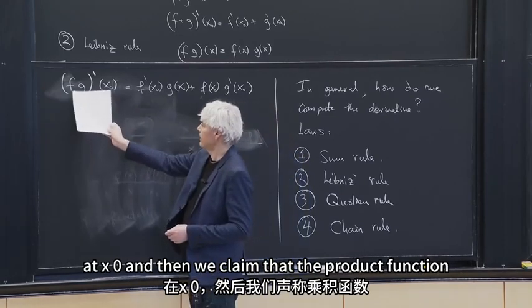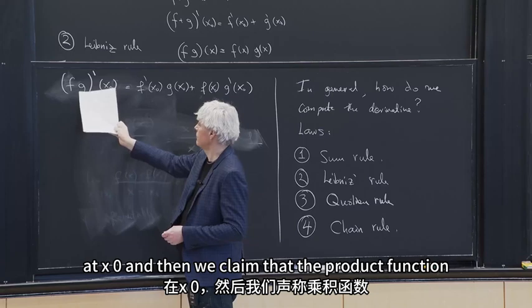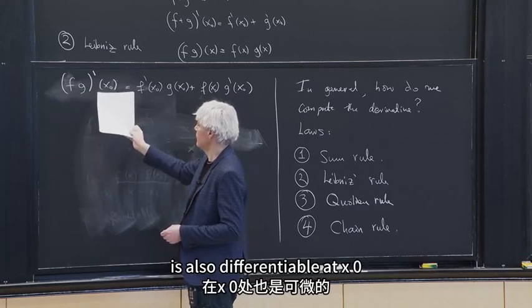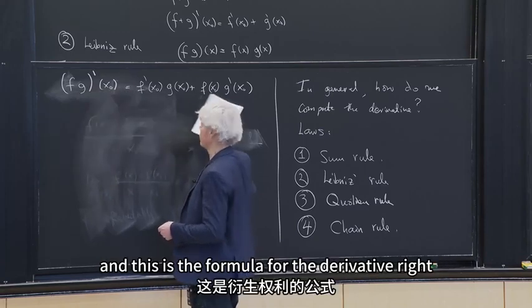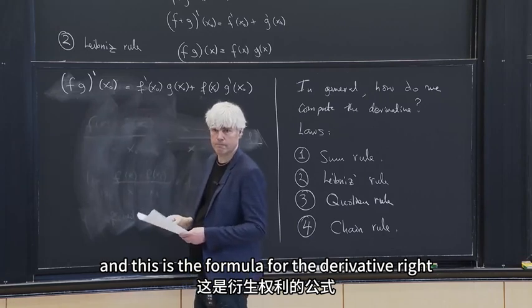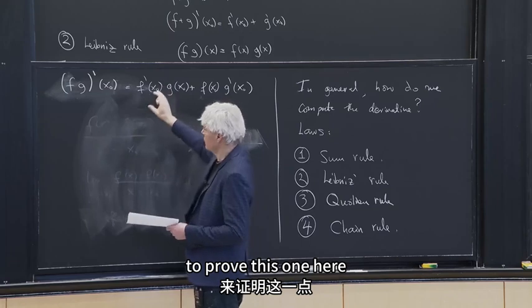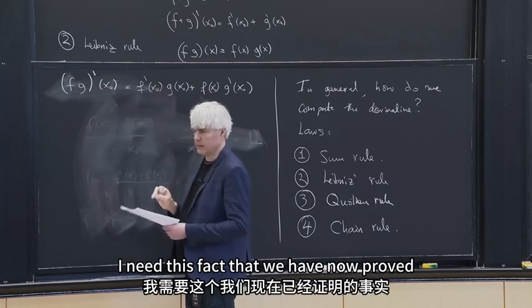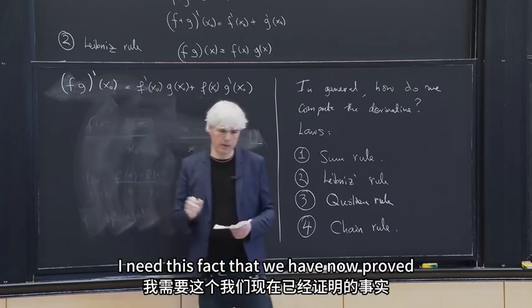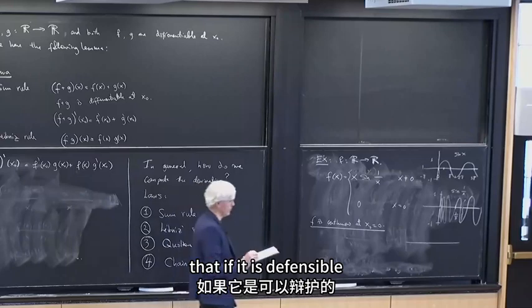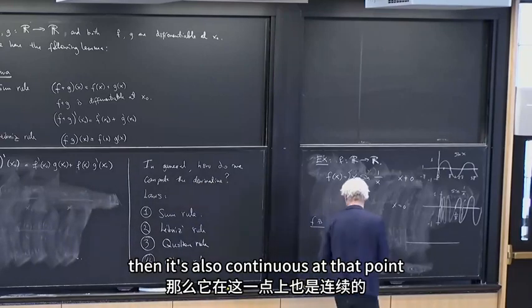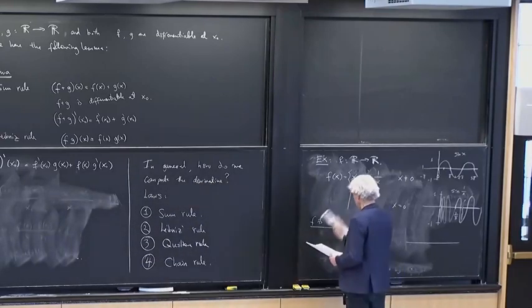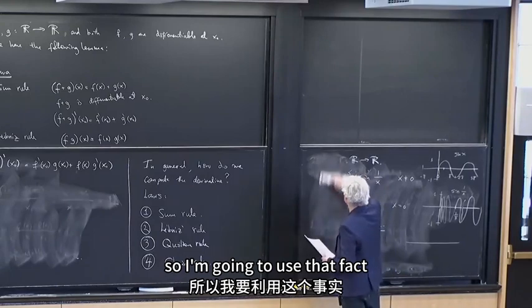Then we claim that the product function is also differentiable at x0, and this is the formula for the derivative. To prove this, I need the fact that we have now proved, that if it is differentiable, then it's also continuous at that point. So I'm going to use that fact.